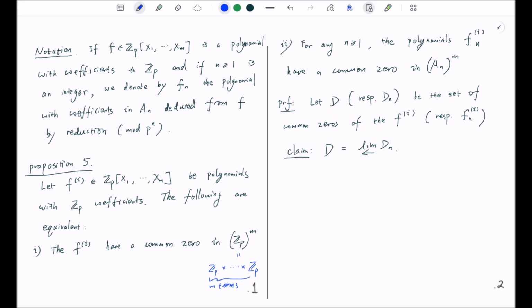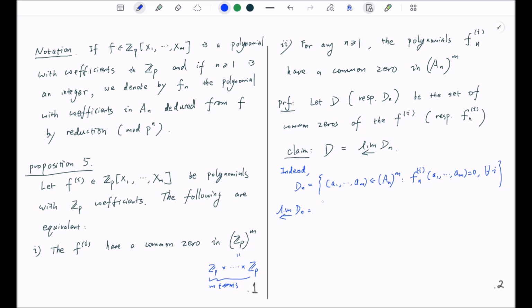Why is it so? The verification is straightforward, but the notations might look a bit messy. So we have to be very careful with the notations. Indeed, by definition, D_n is a set of common zeros for f_n^i's. This is D_n. And now, by definition, what is the inverse limit for D_n?